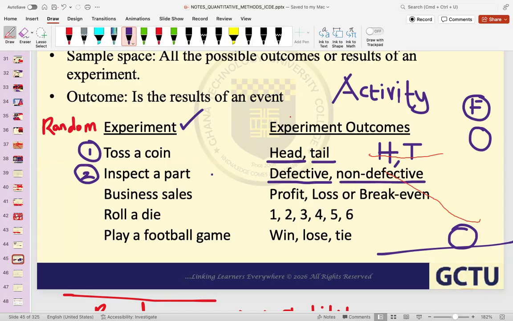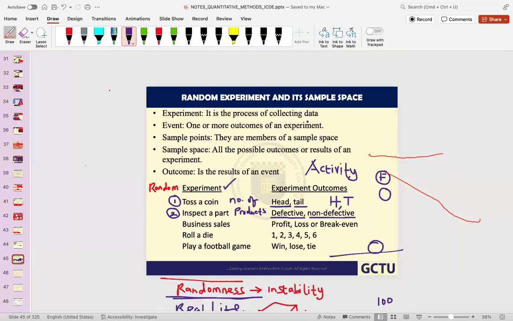The question is, whilst the manufacturing is going on, how do you know the number of products that will be defective? How do you know? That is randomness.